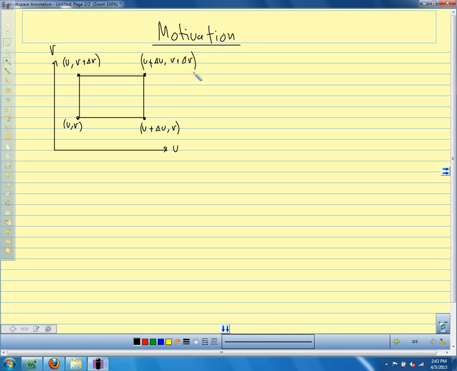And we're saying that x is some function g of u, v, and y is some function h of u, v. After the transformation, we're looking at what this region is in the xy plane. So if delta u and delta v are small enough, we have approximately a parallelogram in the xy plane.